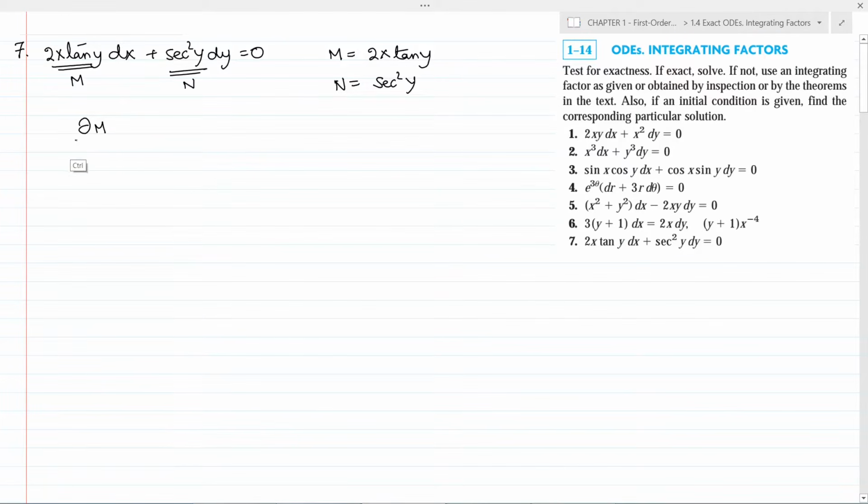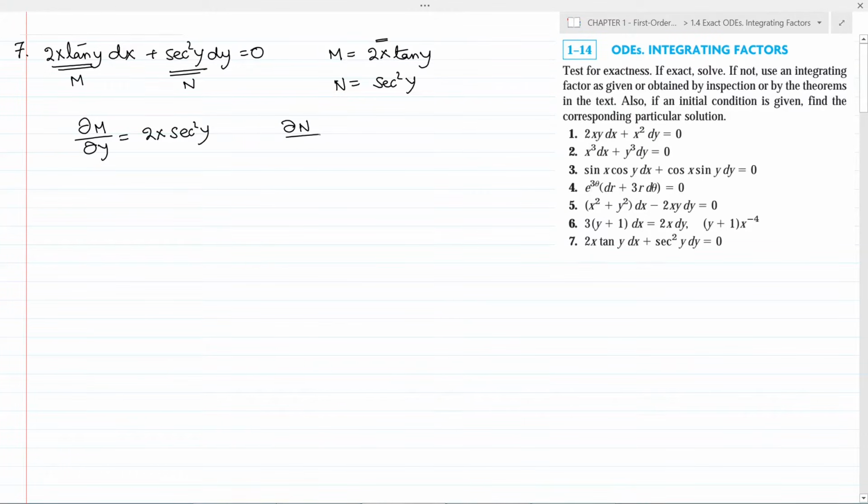For that we will calculate del M by del y, which is equal to 2x sec square y, because this 2x term is constant for partial differentiation with respect to y, and derivative of tan y is sec square y.